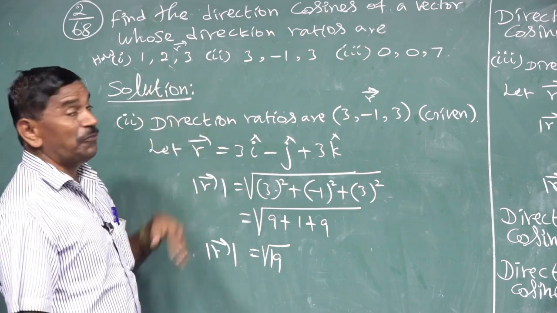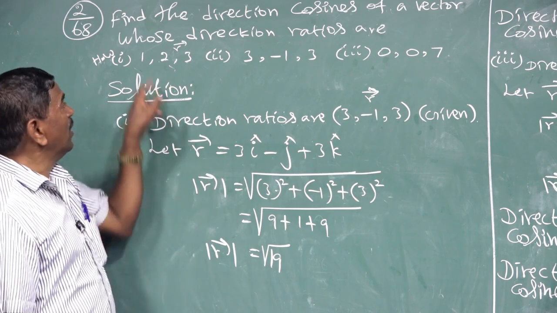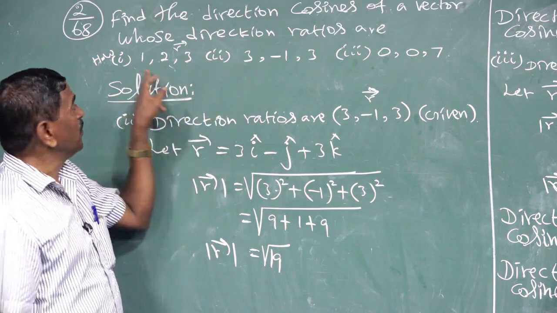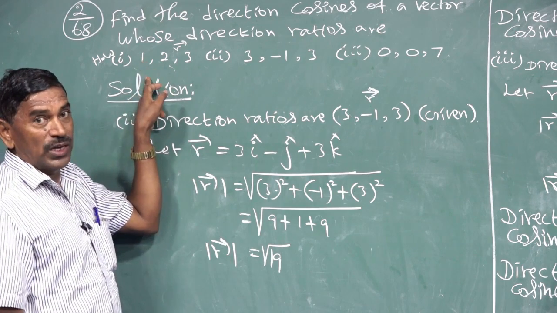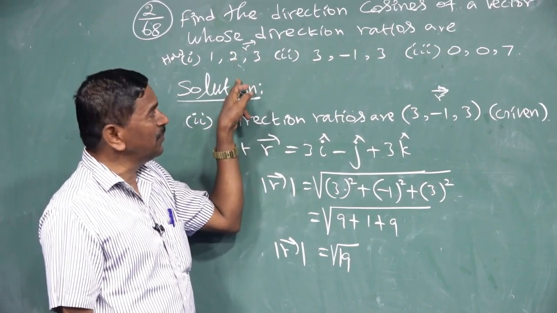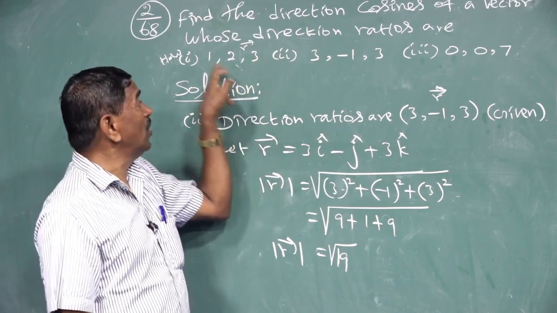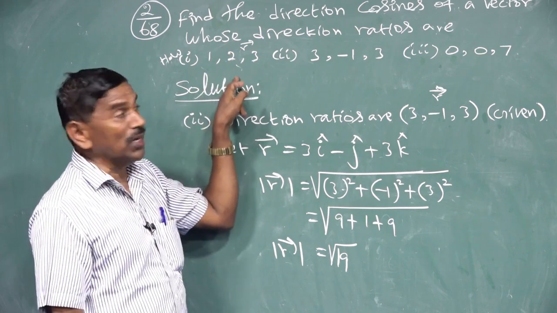Square root of 14. Therefore, the direction cosines are 1 by root 14, 2 by root 14, 3 by root 14.